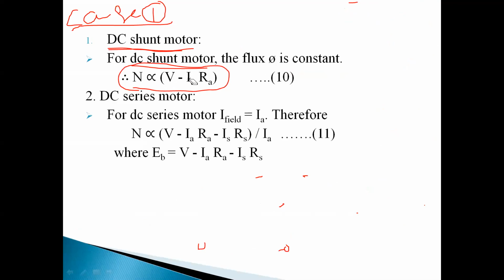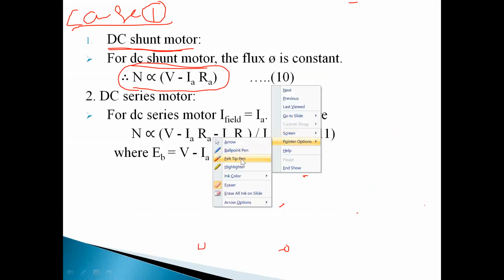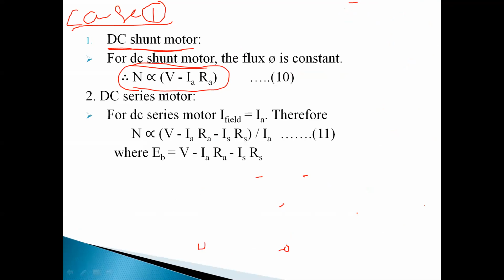When load increases on the motor, armature current also increases, and that means the IA value increases.